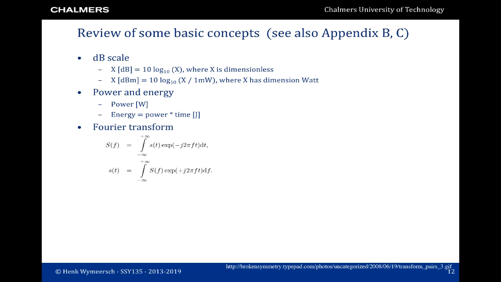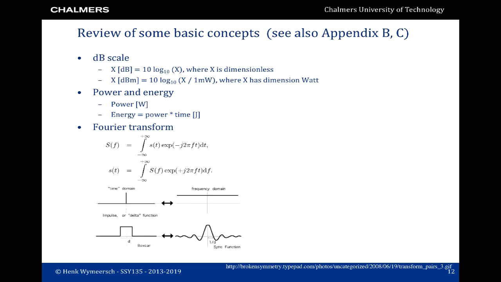We will also often use the Fourier transform. The Fourier transform of a signal is the signal multiplied by an exponential and integrated over all time. Given the Fourier transform, we can go back to the signal by doing another transformation, and note the change in sign. Some specific cases here are a delta impulse.